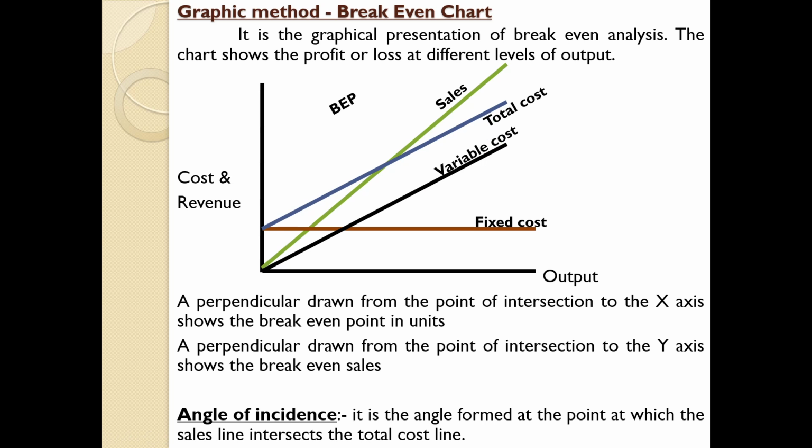So you have almost plotted all the items. The point at which the sales line intersects the total cost line is known as the break-even point. See, this point is known as the break-even point, and the analysis at this point is known as break-even analysis.